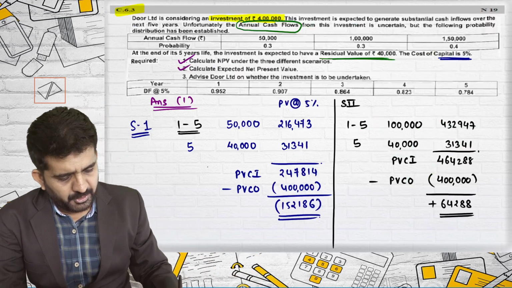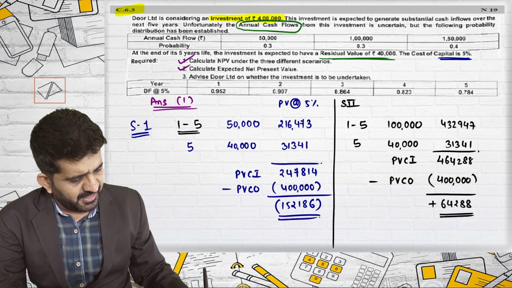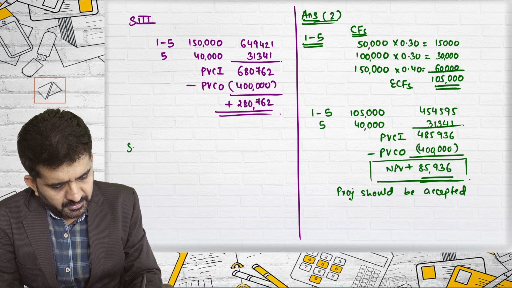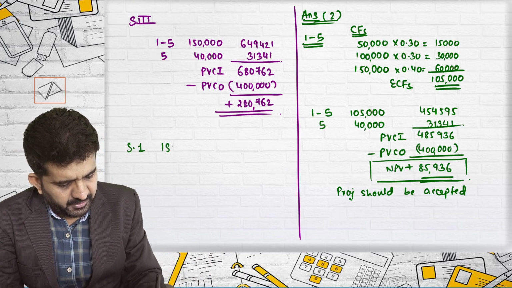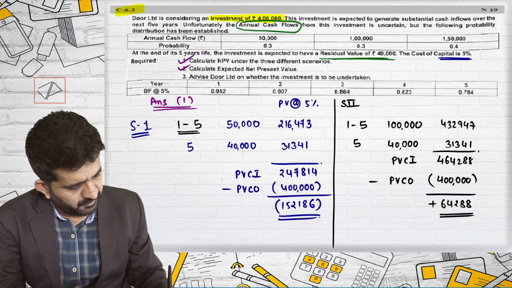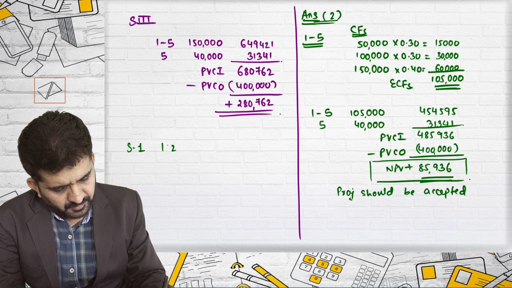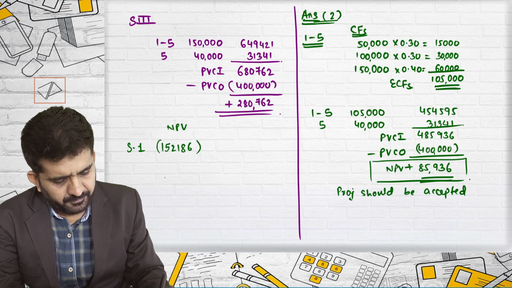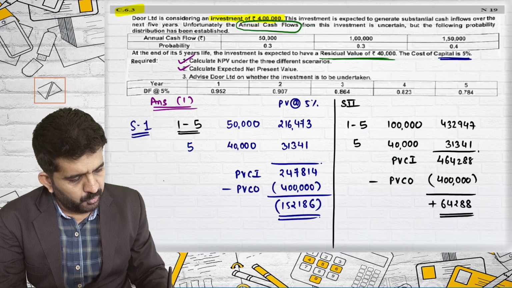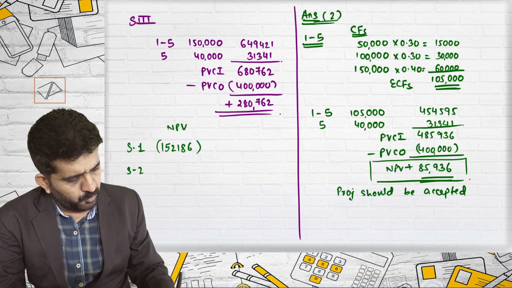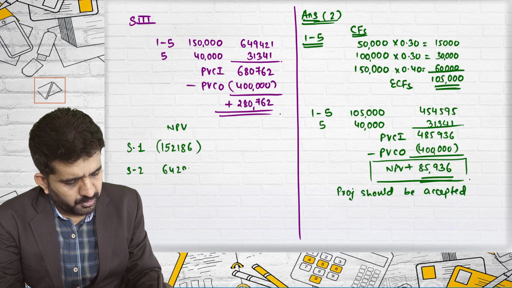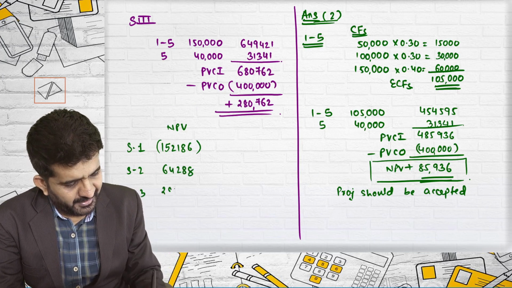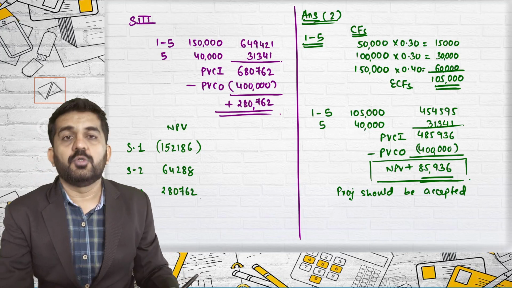Or what I can do is, scenario 1 has an NPV of negative 152,186, scenario 2 has 64,288 positive, and scenario 3 has 2,80,762.